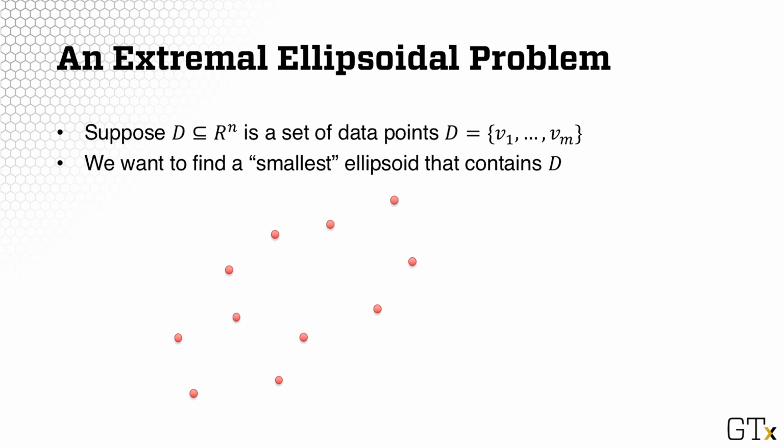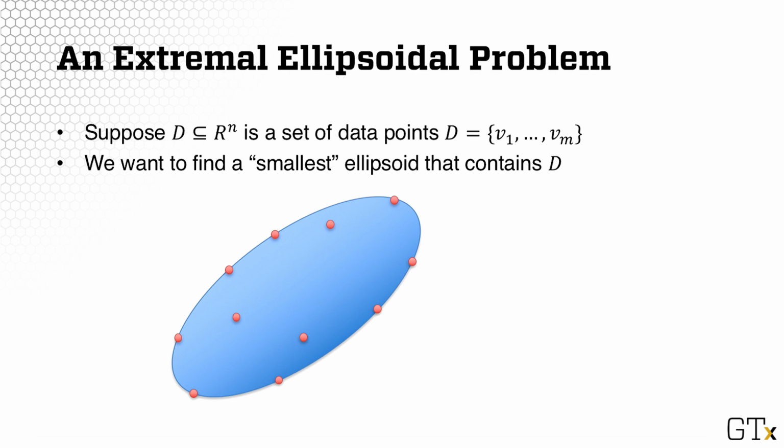Suppose these are the data points that you collected, and you want to find an ellipsoid that contains them. There are, of course, many ellipsoids that can contain this set of points, but you want to find the smallest one that still contains them.